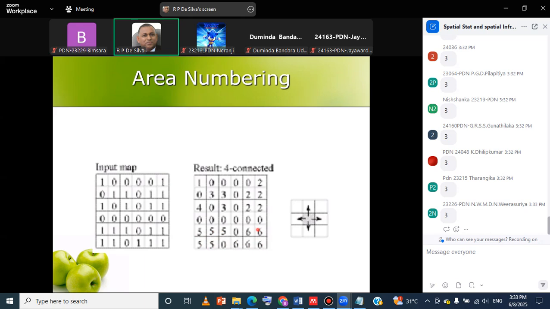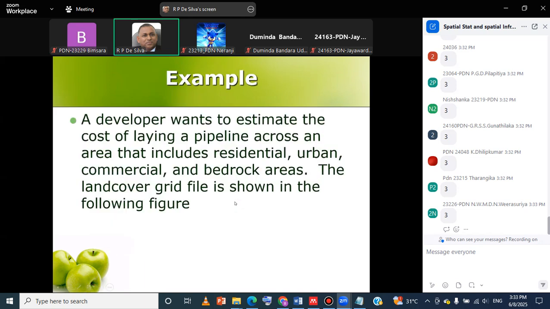Okay. Now we go to the example. A developer wants to estimate the cost of laying a pipeline across an area that includes residential, urban, commercial, and bedrock areas. The land cover grid file is shown in the following figure. Now, what's happening here?